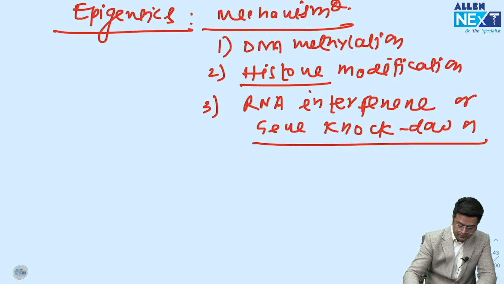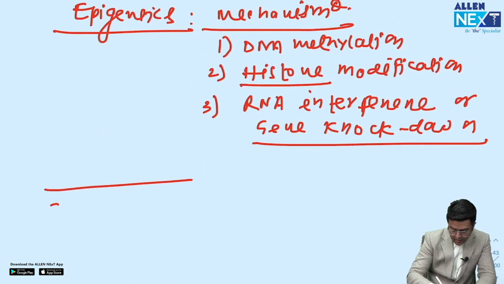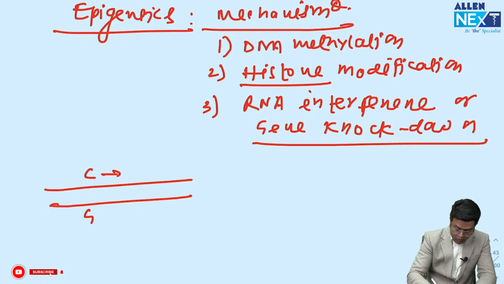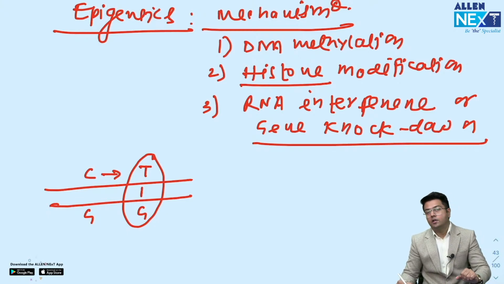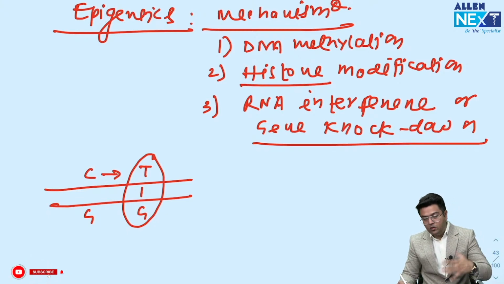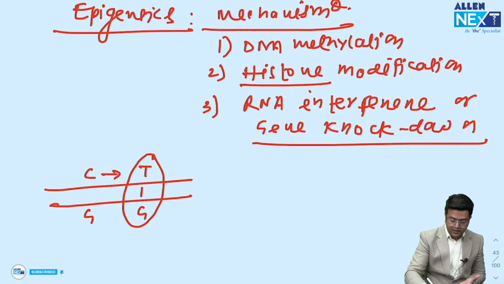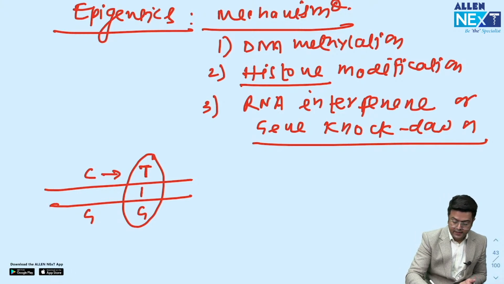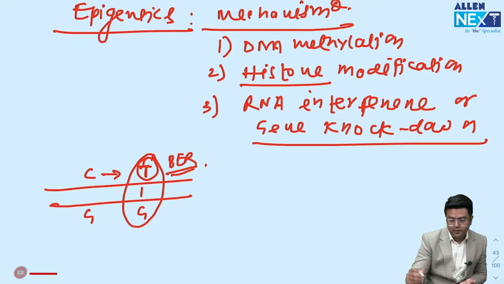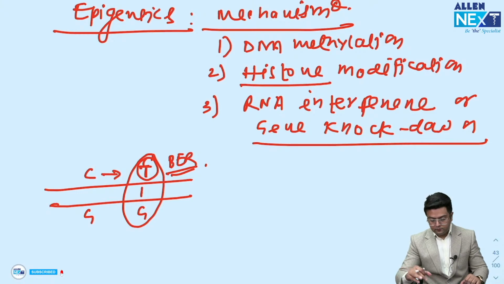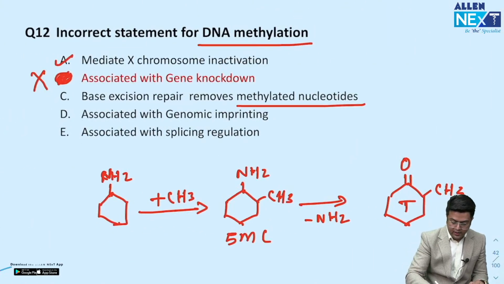Now in a DNA where there was initially C bound to G, because of the changes this becomes T and it is still bound to the G. Though it looks like a mismatch, the enzymes will identify that this is not T actually, but it was previously C. So this T has to be removed, so we will be utilizing base excision. So that is why this statement is correct: base excision repair removes the methylated.